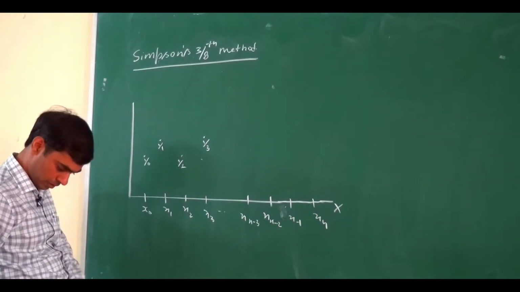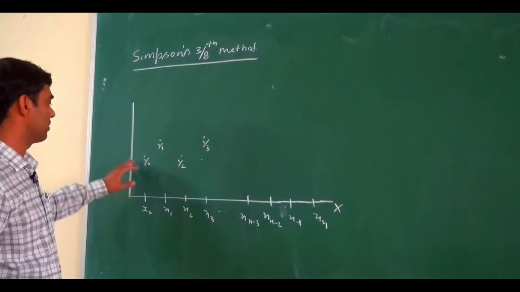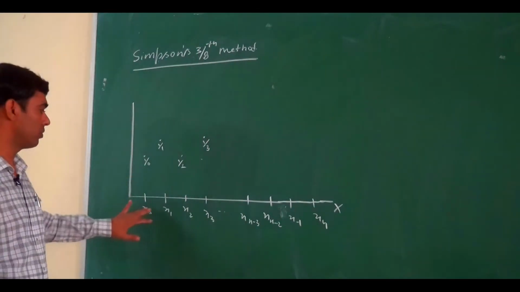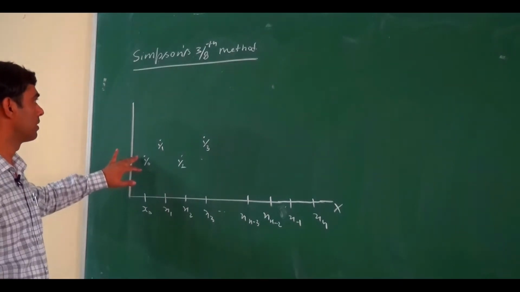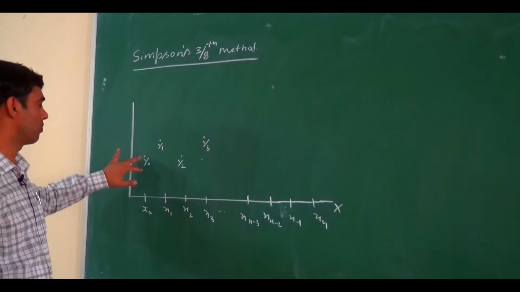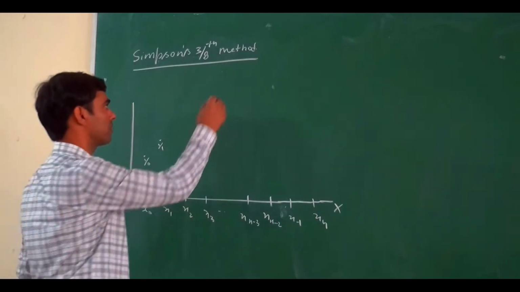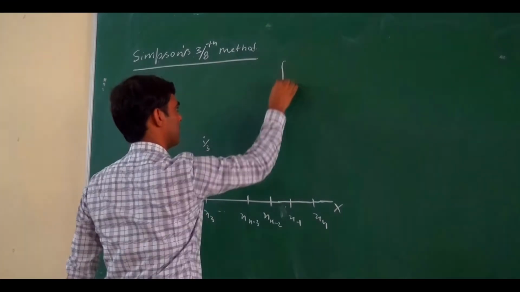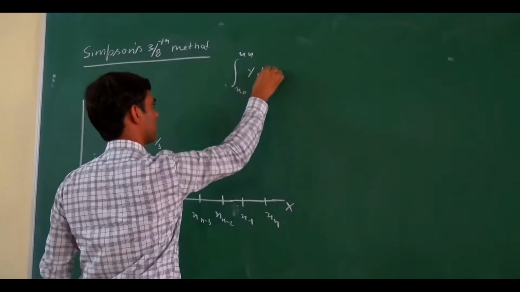So these are the values corresponding to x0, x1, x2, x3. These are the values of y that we are going to integrate. What is the problem? The problem is to integrate y dx from x0 to xn.